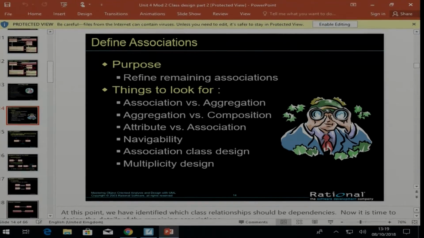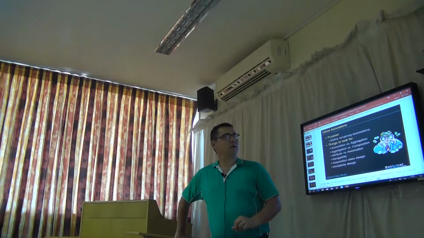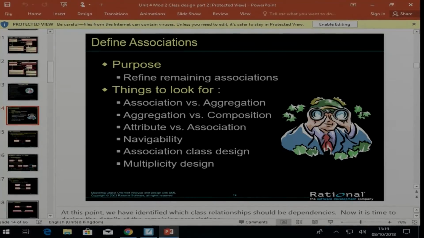Now, we might need to go and refine our remaining associations. We might need to look at whether it is still staying an association, or whether it is possible that I'm going to have aggregation. Aggregation then also needs to be looked at as composition. Then attributes versus associations, navigability, and association of a class.